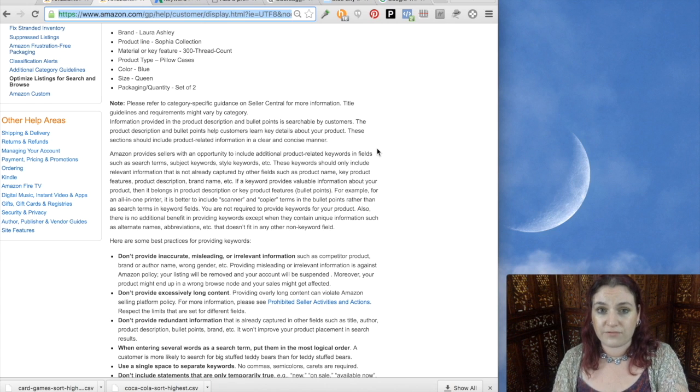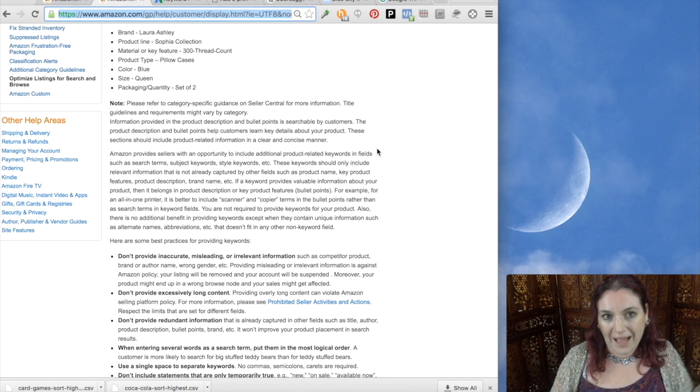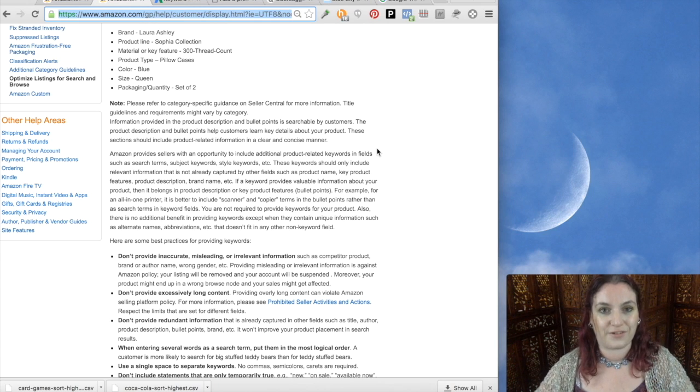This is new information. If we go back to early 2015, 2014, there were help files that said that bullet points and descriptions were not indexed. Now we are learning that bullet points, descriptions, title, and keywords are all being indexed.